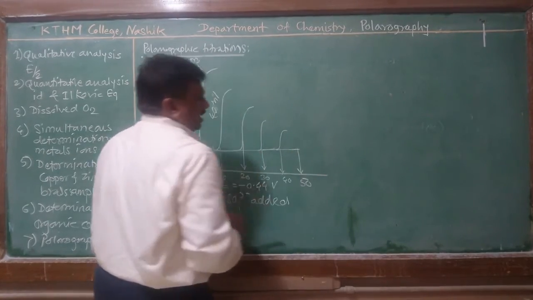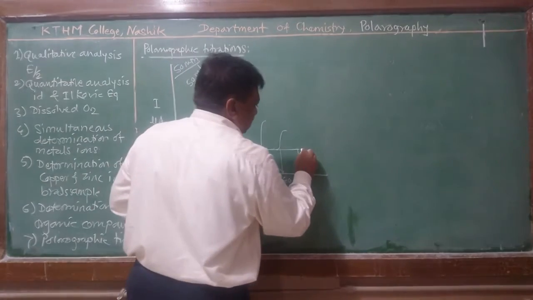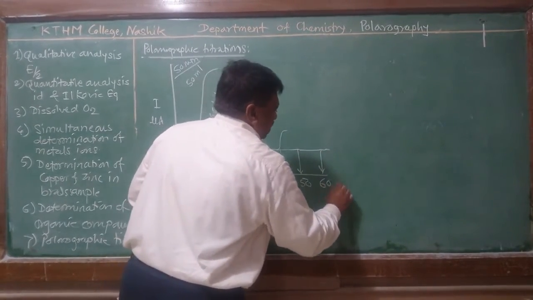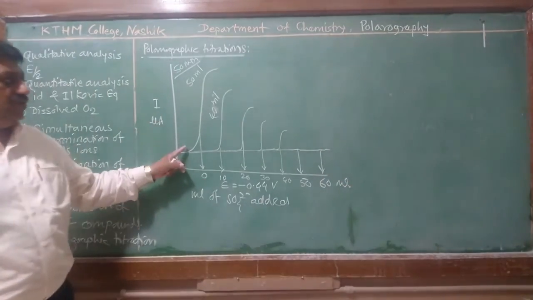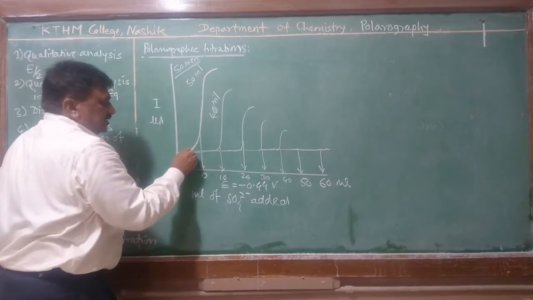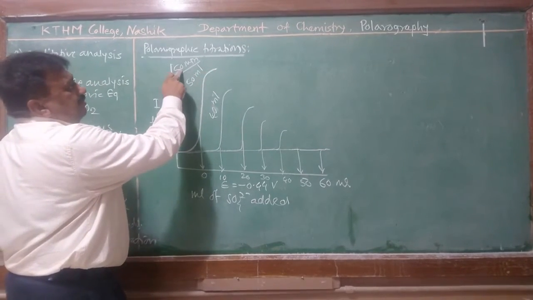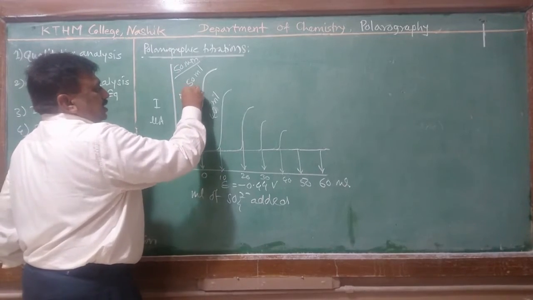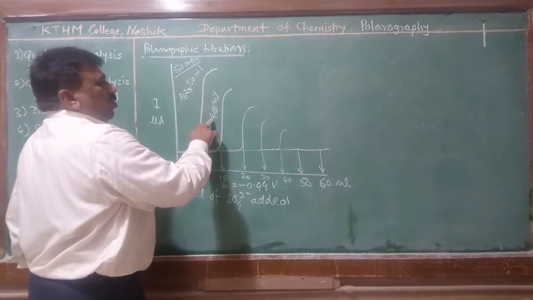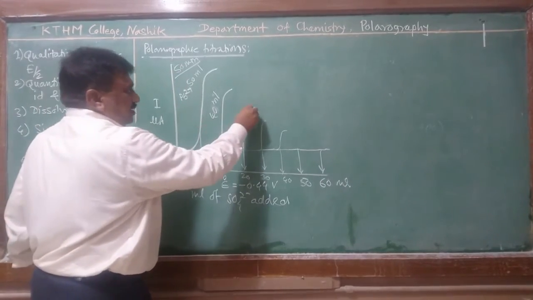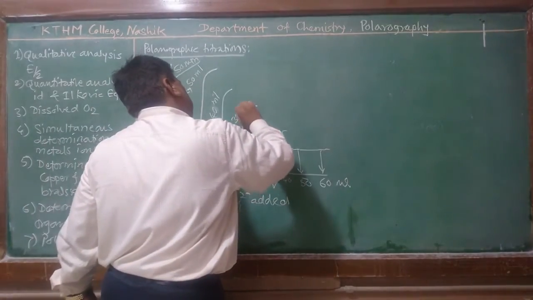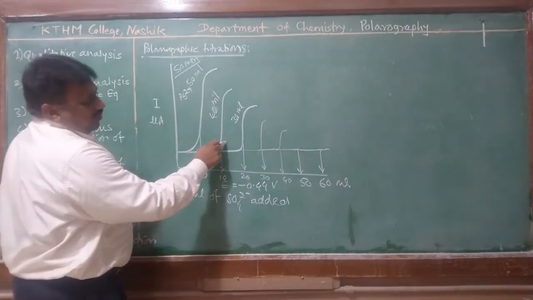That means diffusion current becomes equal to residual current, and at 60 ml we also have a diffusion current equal to residual current. Therefore, this is the polarographic wave for the solution consisting of 50 ml of 50 millimole Pb. This is a polarographic wave having unreacted 40 ml of 50 millimole lead. This is a polarographic wave having 30 ml of 50 millimole Pb.